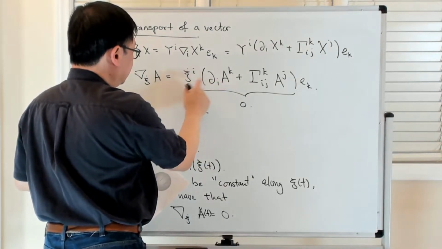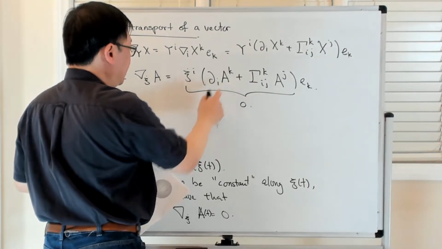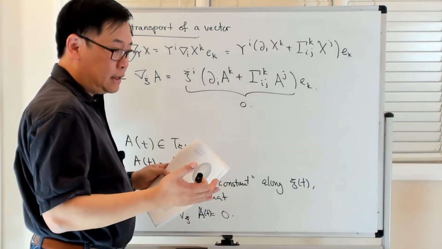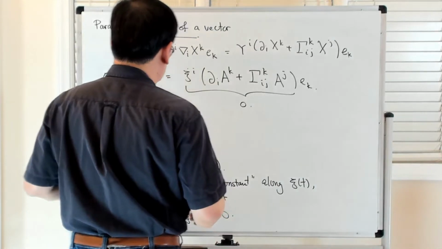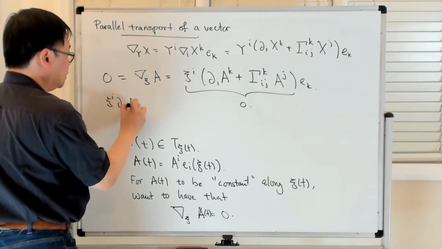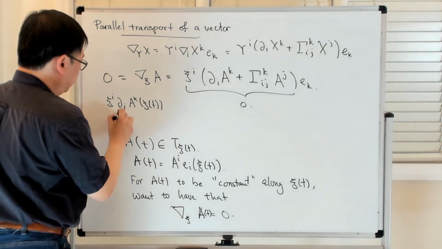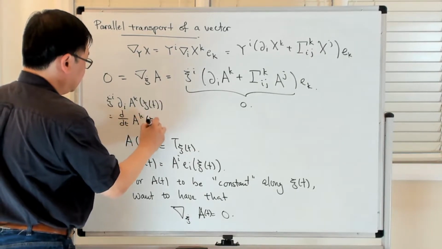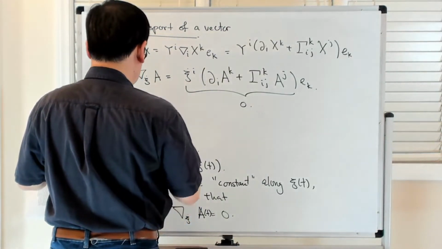Okay, so look at this term here. It's like a partial, because C dot I, partial with respect to I of A_K, is essentially the derivative of A_K with respect to time, if you will. What you have is something like this, and this is really nothing more than the total derivative with respect to A_K, C_K.